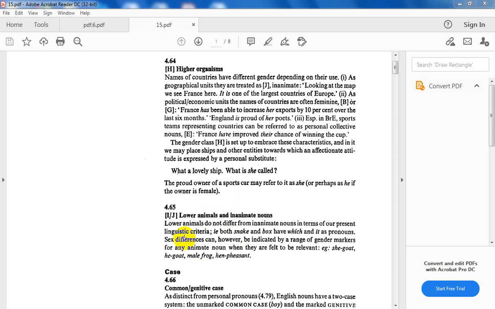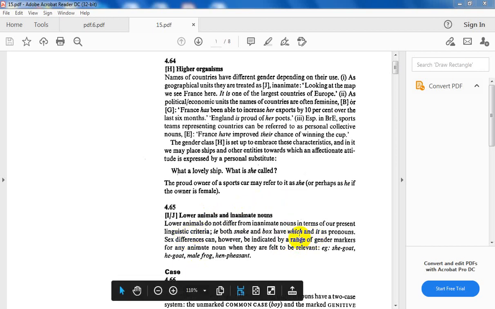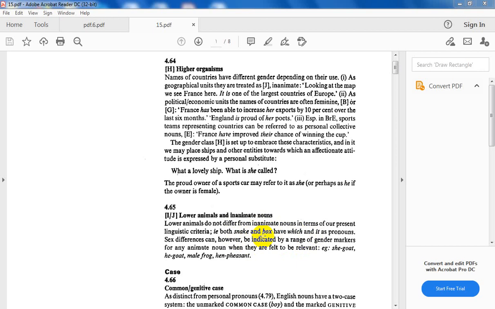Lower animals are living creatures, but linguistically speaking I consider snake and books as having "which" and "it" as pronouns. I can treat the snake as "it" or "which", and the same with the books. This one is animate, this one inanimate, but linguistically speaking they are referred to as "which" and "it" as pronoun substitutes.